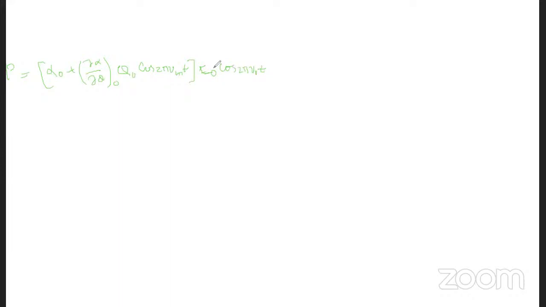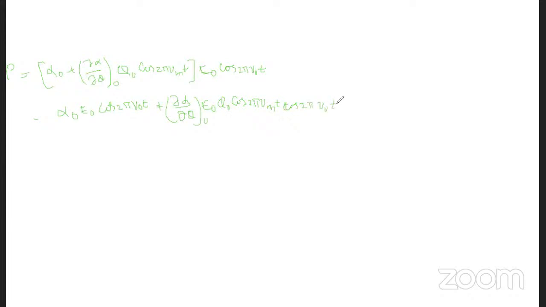This we can write separately as alpha naught E naught cos 2 pi nu naught t plus dou alpha by dou Q naught E naught Q naught cos 2 pi nu m t into cos 2 pi nu naught t.